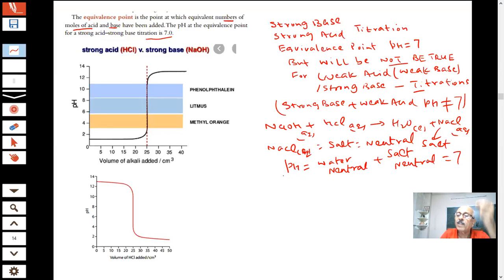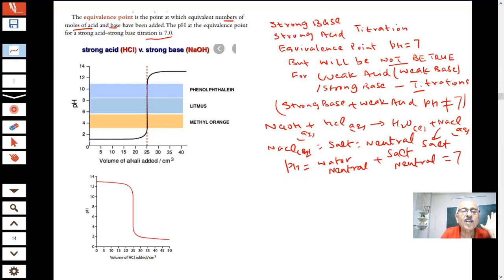Then you keep on adding 1 milliliter, 2 milliliter, 3 milliliter of NaOH, and keep recording the pH values from the pH meter. You will have a table, and then you will plot these values, and you will see what type of pH curve you are getting for strong acid and strong base.